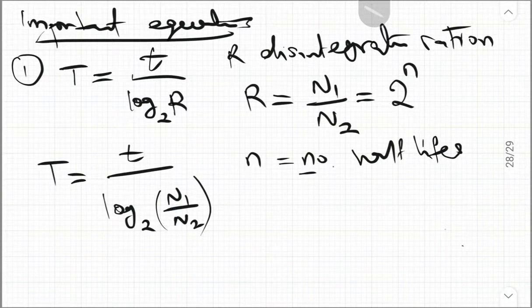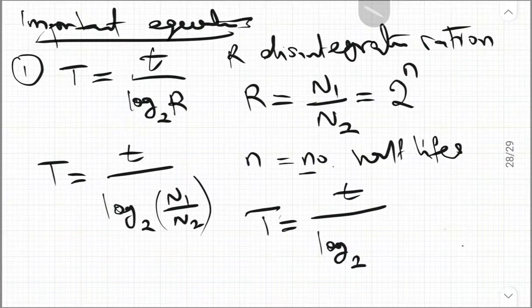Okay, so let's look for another alternative way to write this equation. Since we know that r is equal to 2 to the n, we could still write that big T is equal to small t over logarithm to base 2 of r. What is r?